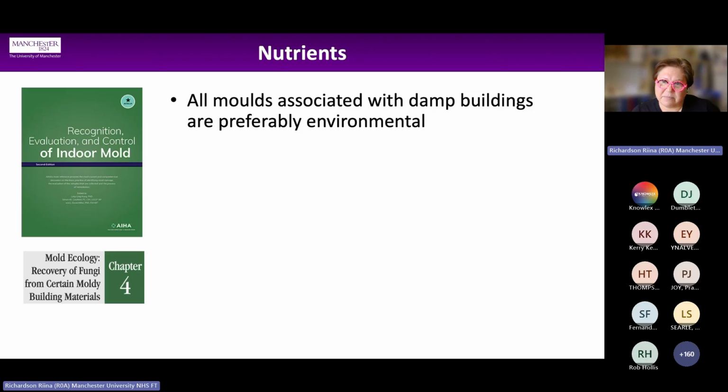The summary of that is basically that all molds that are associated with damp buildings are preferably environmental. So they are not molds that are primarily human pathogens. That is different from, for example, the species of filamentous molds that cause your athlete's foot. They are preferably human pathogens, but these are preferably environmental. They primarily want to grow in the environment on plants and debris.